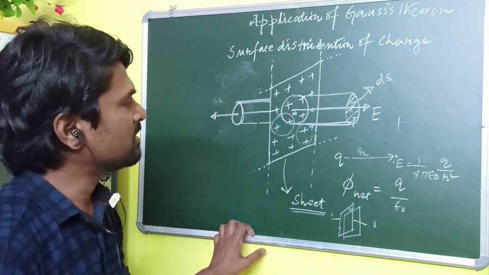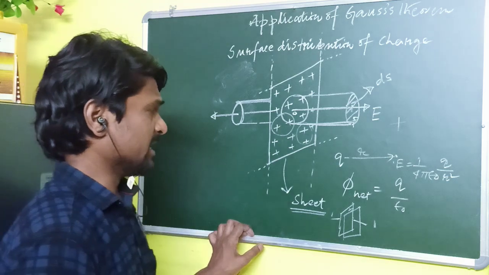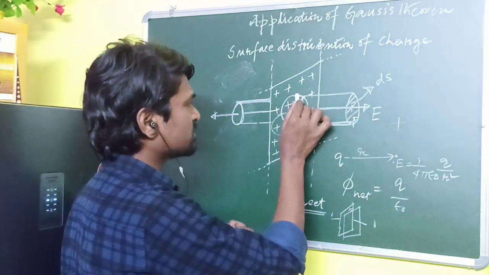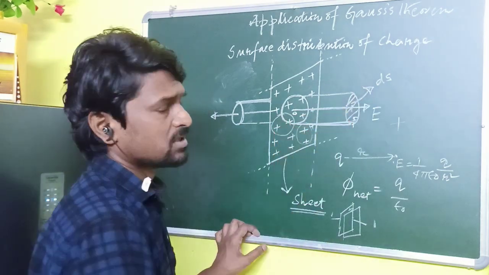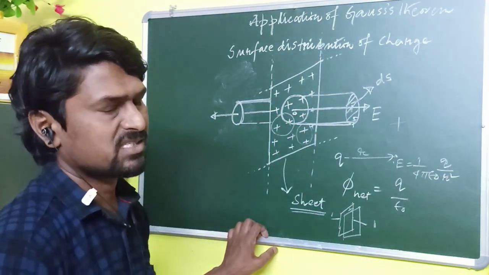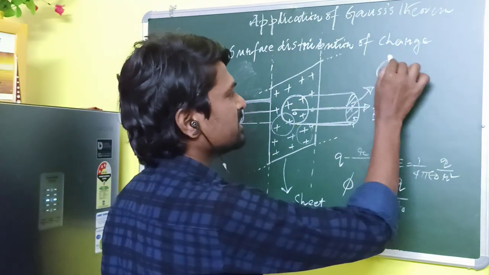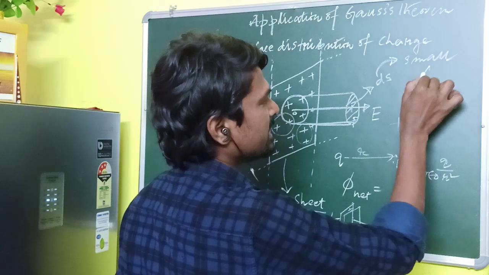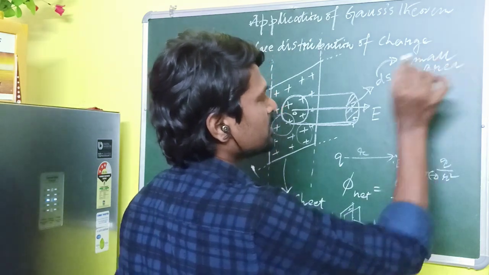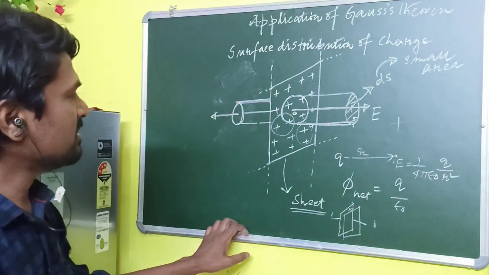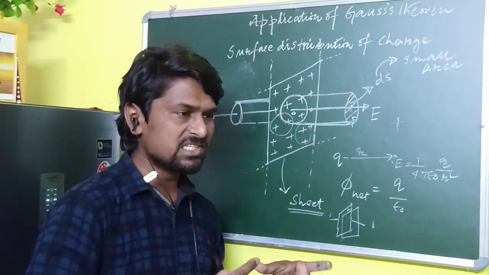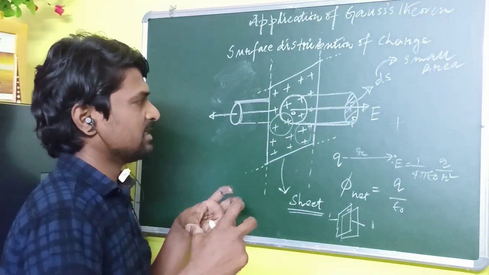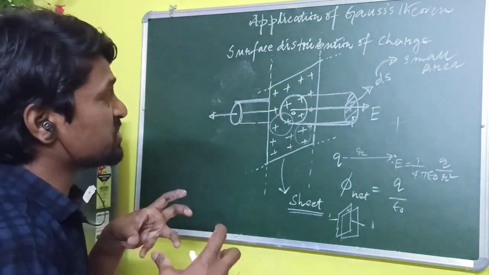If we take a small surface, then you must take it as ds, since d signifies a small area. And if we imagine this is the cylinder, then you can take A as the area of that particular cylinder.